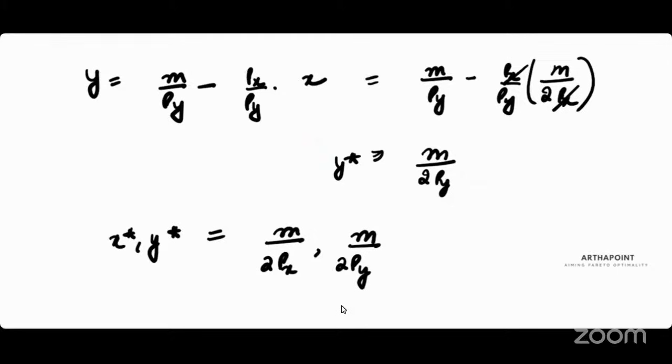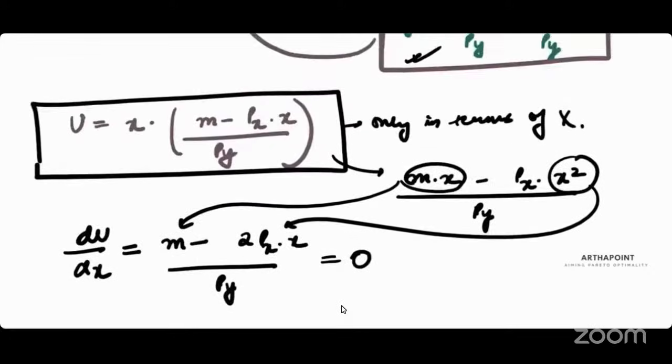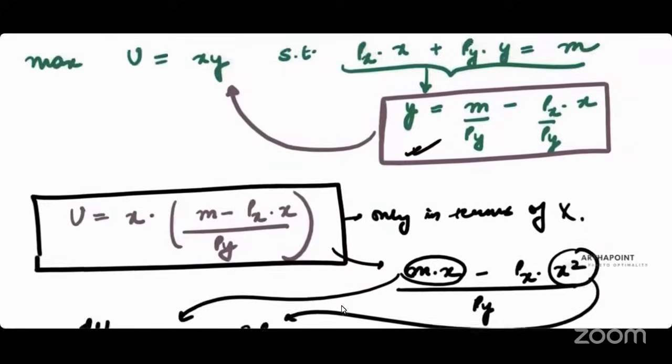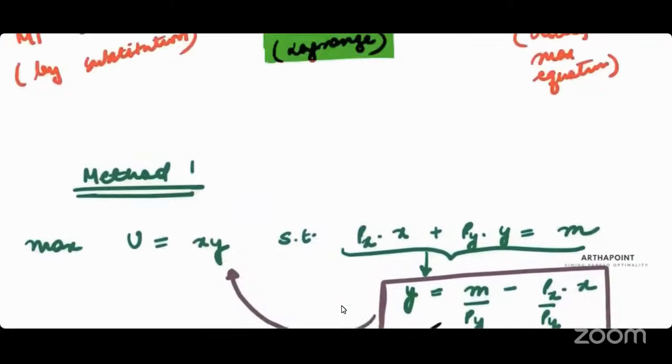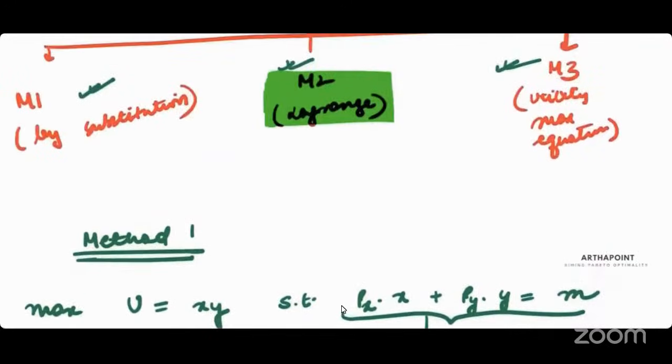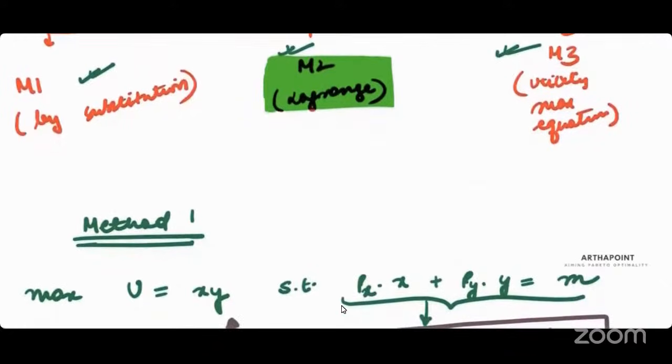Once the entire utility function is in terms of x, you maximize the utility function, differentiate it with respect to x, equate it to 0, get x, put that x back in the y and get y. That's method 1 for you. You can very well follow this method to find x star y star, the combination that maximizes utility.